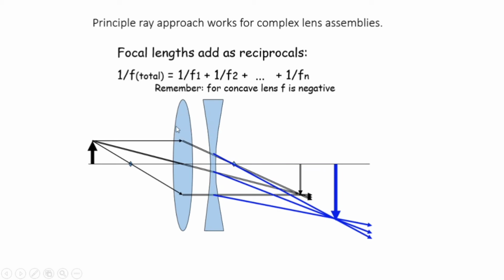After the combination of these two lenses, we get images at different points, one here, another here. This is the first focal length f1, this is the second focal length f2. If we extend this towards this side, again we observe different focal points, and one can calculate their respective focal lengths by this formula.